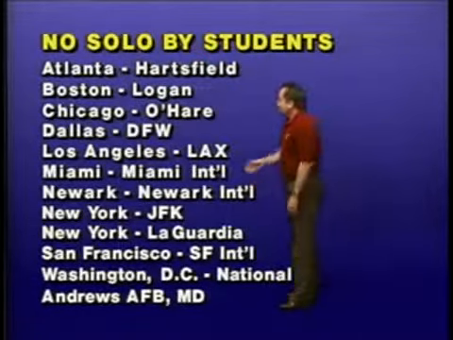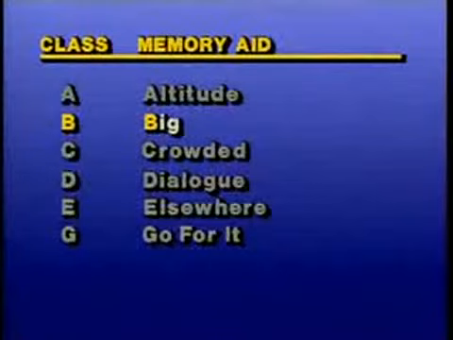So when you think Class B airspace, think big. And remember that you must have a clearance to fly inside that Class B airspace. And of course, you've got to meet the transponder requirements and the navigation requirements for Class B airspace.